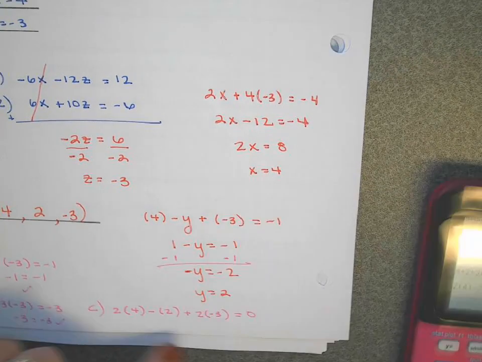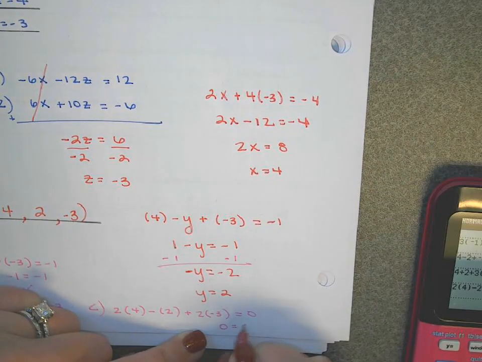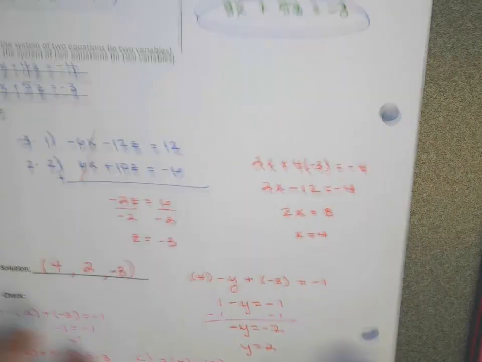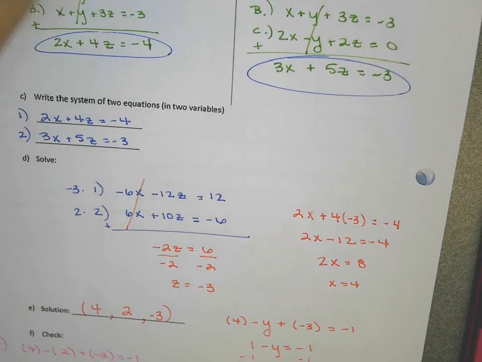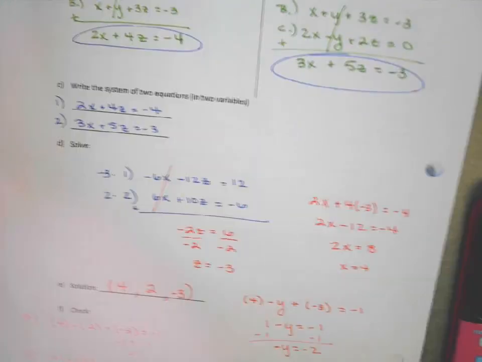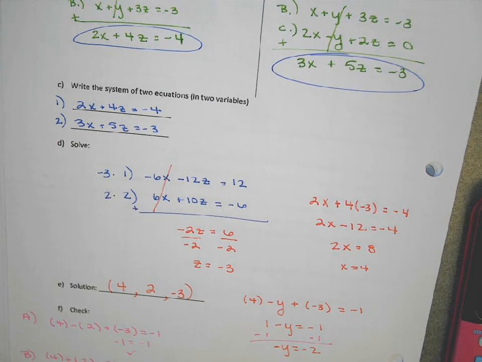I get 0 equals 0. That also works. So is that a solution? Yes, it is, because it worked for all three of my original equations, A, B, and C. That's how you're going to do elimination for a system in 3 variables.